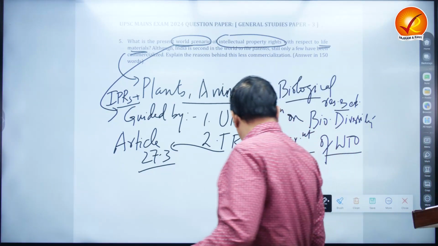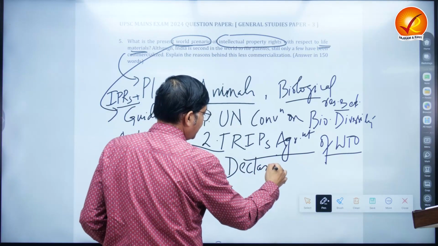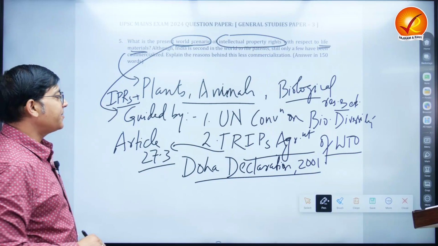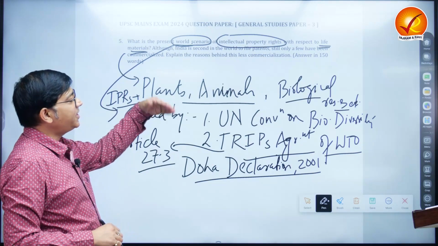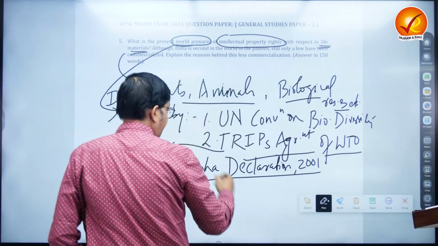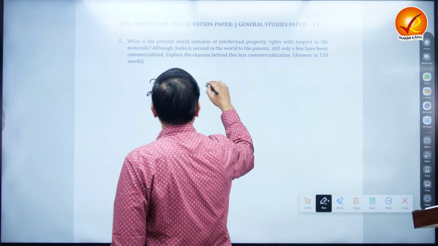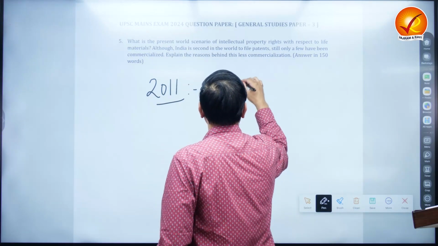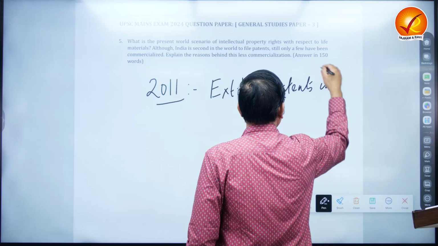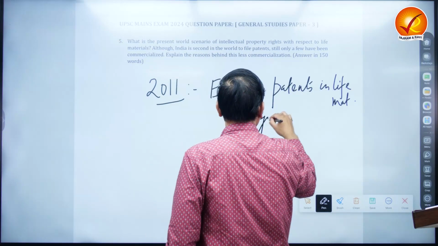The Doha mandate, or Doha Declaration as we call it, of 2001 was the first formal acceptance within WTO that we should seriously look into the IPRs related to plants, animals, etc. But it is only by 2011, okay, it is only by 2011 that more productive steps come in, like extension of patents in these things, in life materials, etc., beyond wines and spirits.